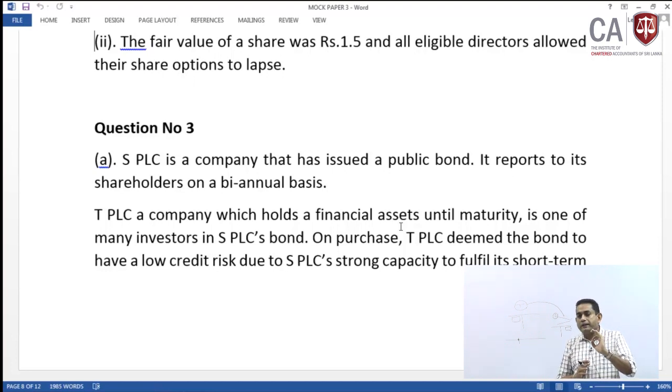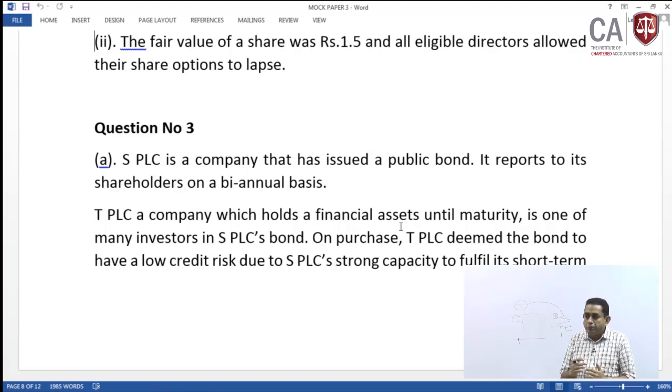If the risk has increased or the credit quality has deteriorated significantly, then company T has to adopt lifetime expected credit loss, and if the risk has not increased, credit quality has not deteriorated significantly, they need to adopt 12 months expected credit loss.